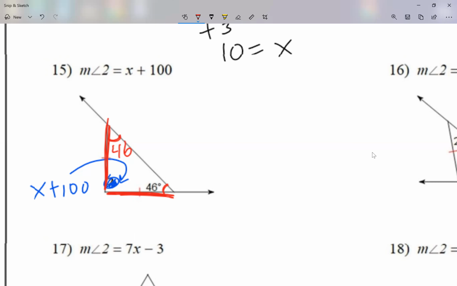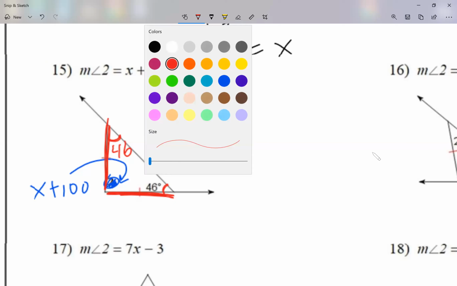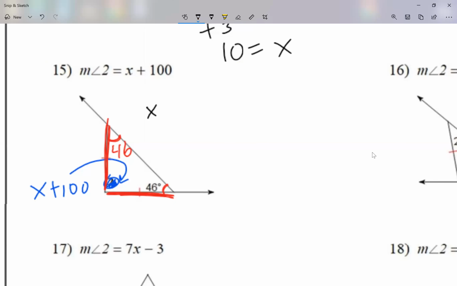What I'm going to say instead is x plus 100 plus 46 plus 46 equals, okay? I'm not going to finish yet. Notice I added the three corners of a triangle this time. All right, x plus 100 was not equal to 46. So I did not let them equal each other. Instead, I'm adding the three corners of a triangle.